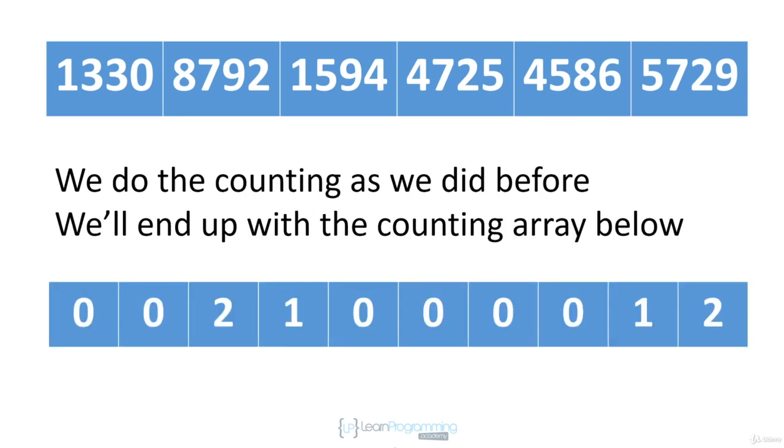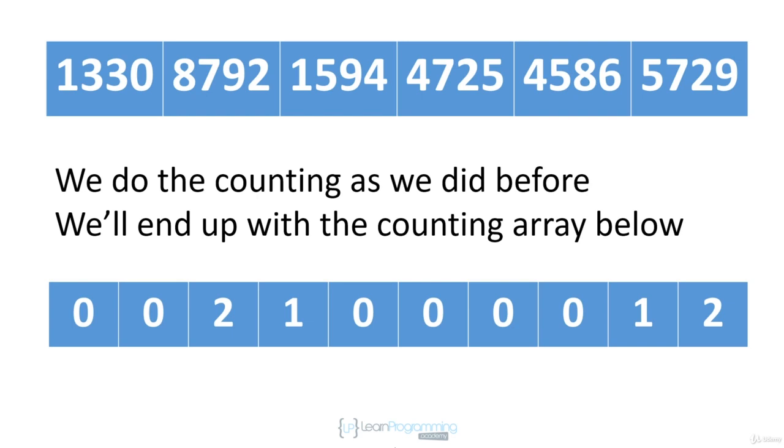We do the count just as we did before, and we end up with the counting array below. We have two values that have 2 in the tens position, 4725 and 5729. 1330 has a 3 in the tens position, and then we don't have any 4s, 5s, 6s, or 7s in the tens position. 4586 has 8 in the tens position, and then we have two values with 9 in the tens position, 8792 and 1594.